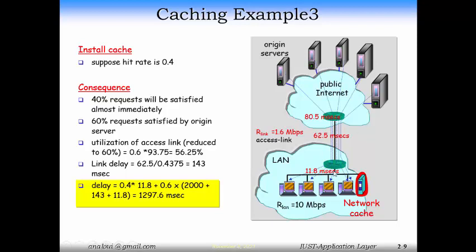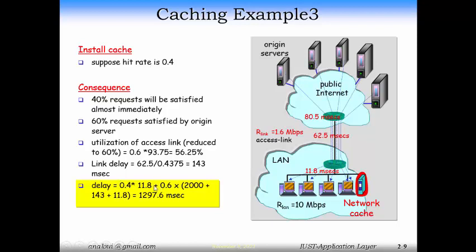Just simply, I know that in 40% of cases I can receive my response right here in my LAN. So in 40% of cases, the total delay is 11.8. So simply I multiply 0.4 times 11.8, because the hit rate of my cache server is 40%.